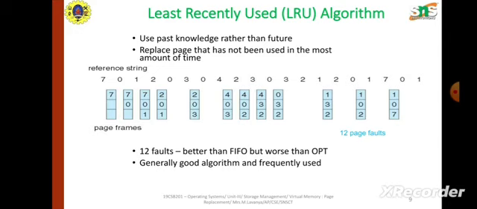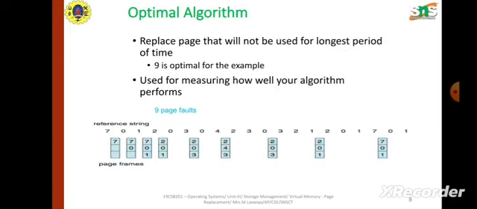But LRU is having 12 page faults, and the optimal page replacement algorithm is having only 9 page faults.